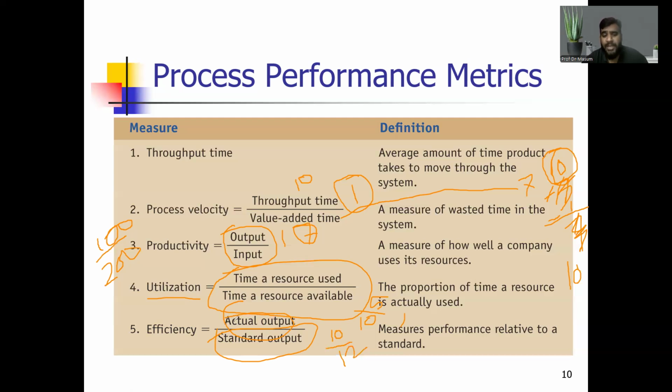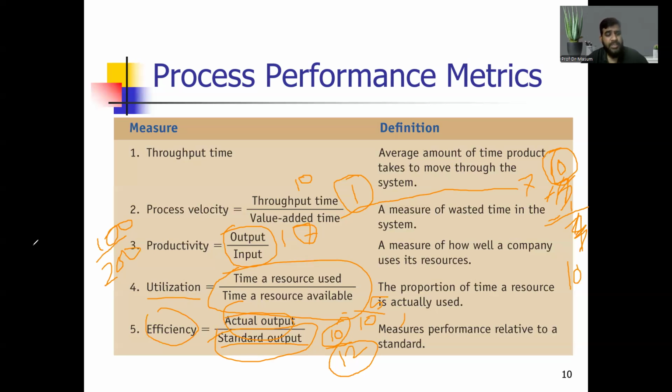So you will compare here actual output and standard output. The standard may come from other industries. Your factory's workers are producing 10 units, but other similar factories are producing 12 units per day. So the efficiency of your factory will be 10 divided by 12. That means actual output and the standard output.